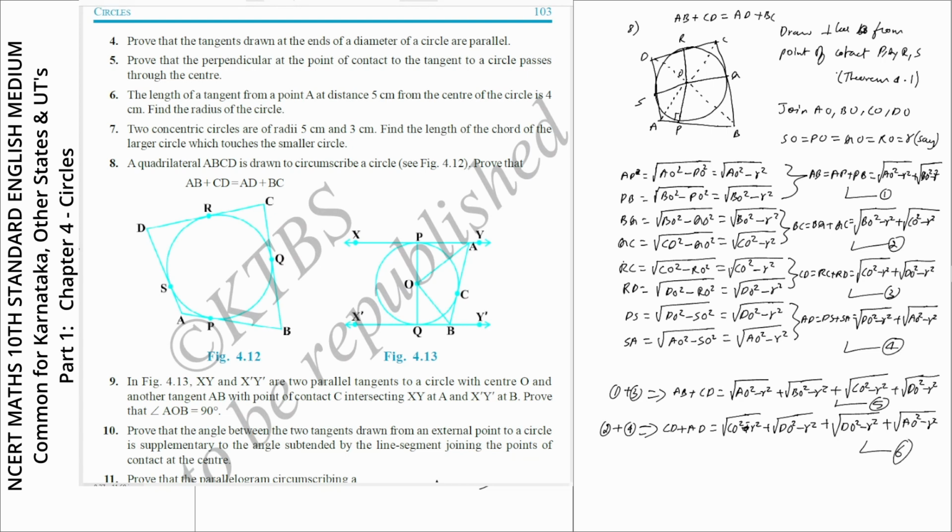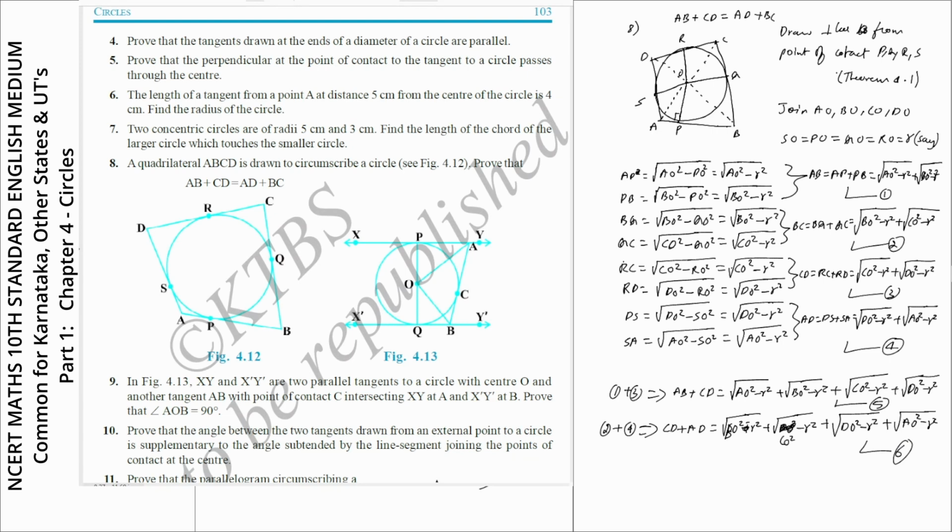Sorry, there's a small correction here: it's BO square minus R square plus CO square minus R square.